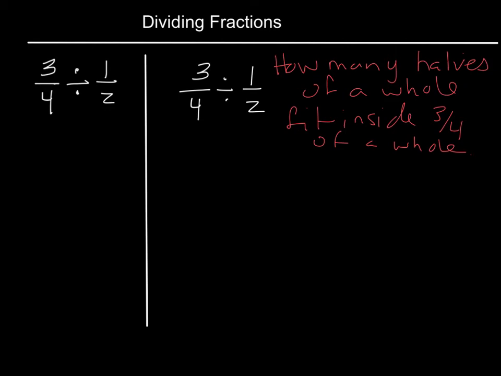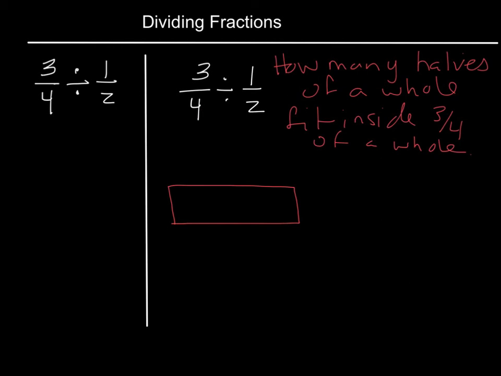Okay. So for this one, I only have one whole. I'm starting with 3/4 of a whole, but I'm still going to draw a whole because we always have to have the size we are comparing it to. So there's my one whole, but I only have 3/4 of this whole.